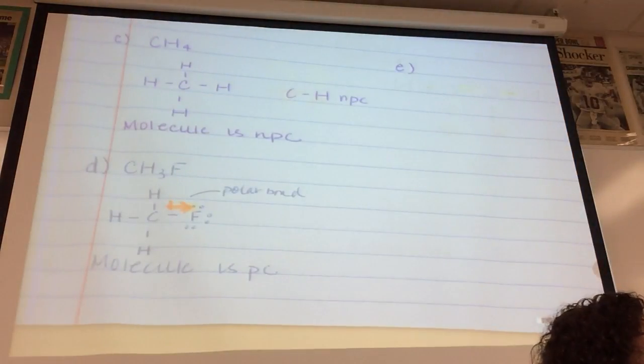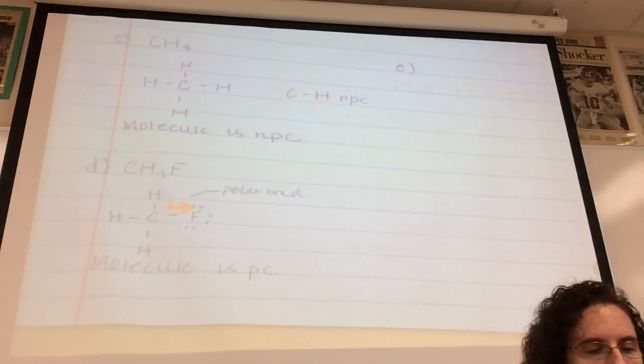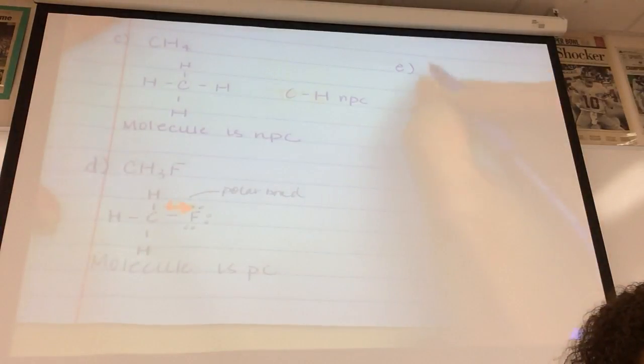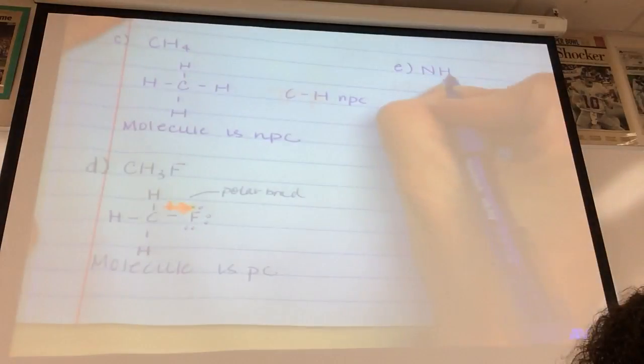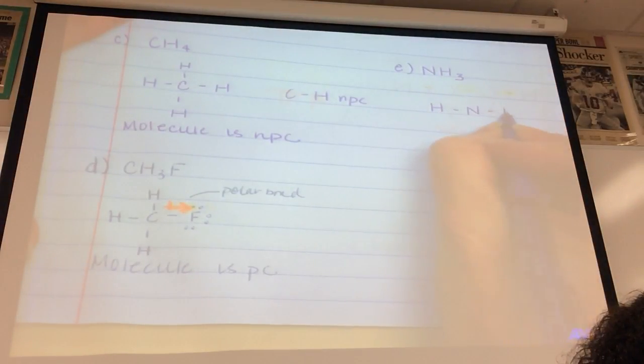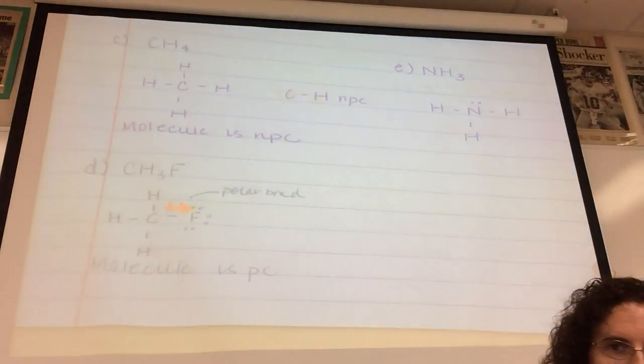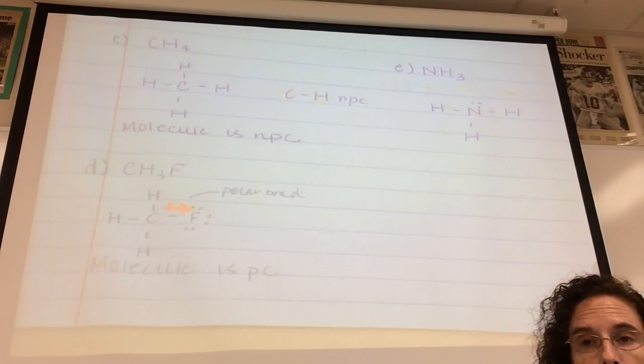In E, it says the presence of a single lone pair of electrons on the central atom results in a polar molecule because the molecule is asymmetric. It doesn't have symmetry. For example, ammonia. The N to H bonds happen to be polar.